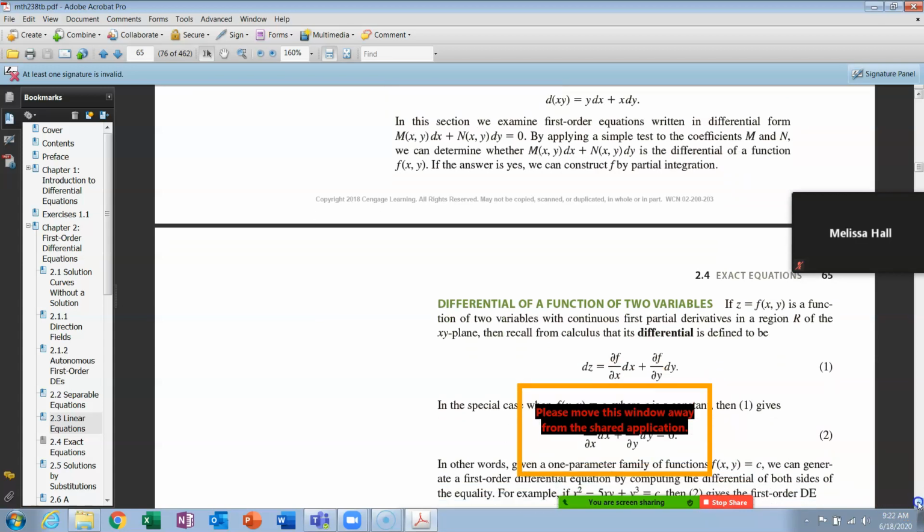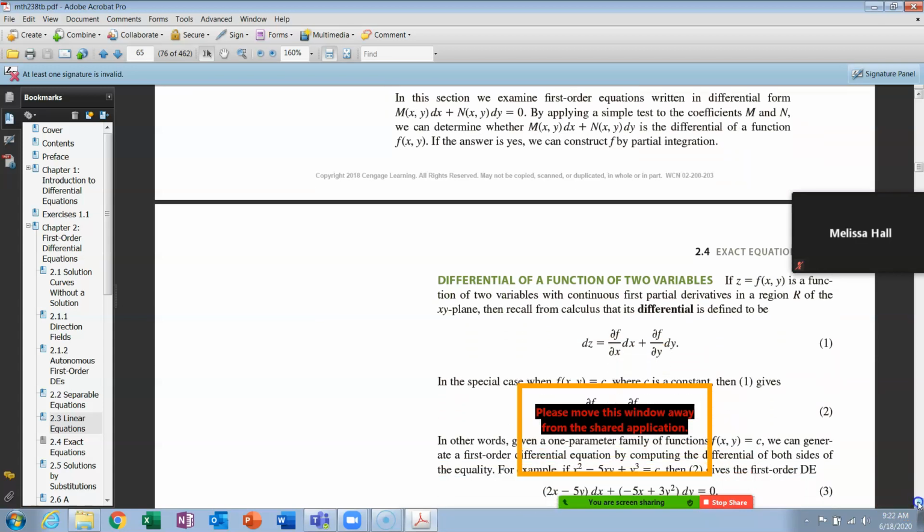Okay, so what we're dealing with is the differential of a function of two variables. So they start making all sorts of name changes. They love to do this. Sometimes they use them and sometimes they don't. This time I guess they will. If z is equal to f of x, y, okay, that's legitimate.